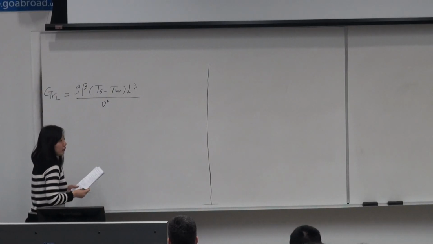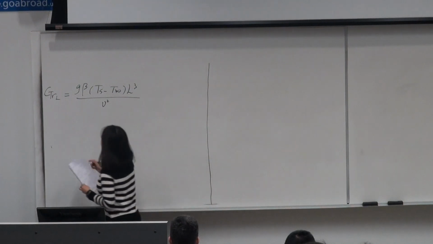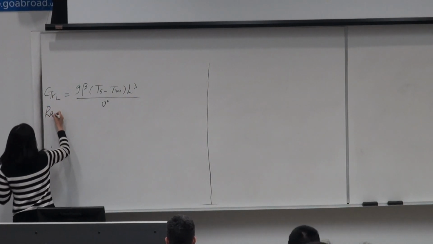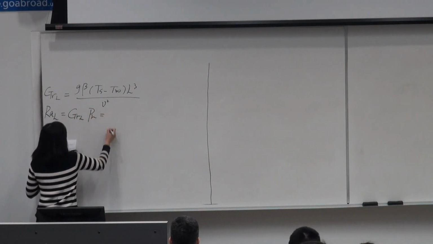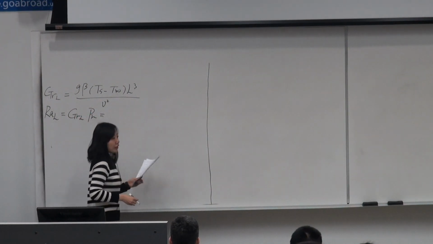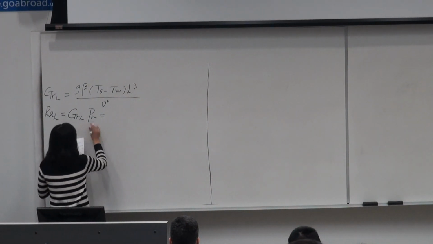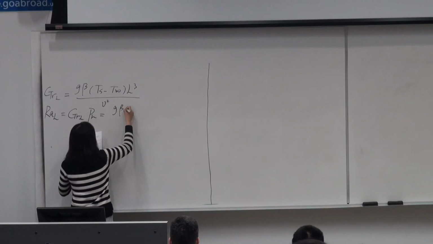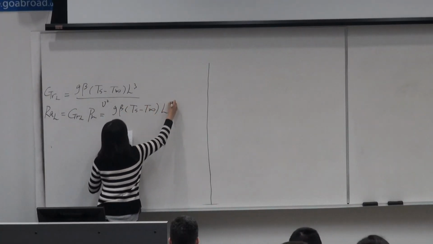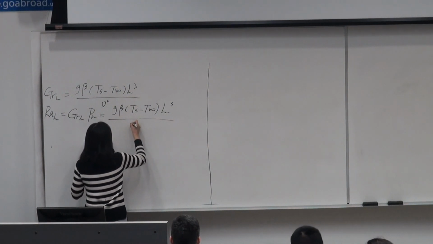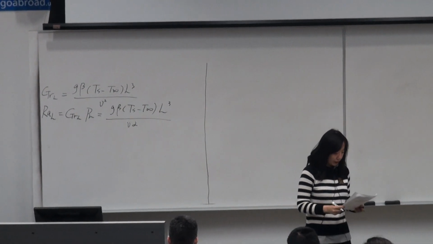We simply take the product of the Grashof number and the Prandtl number, which has a new name, the Rayleigh number. And the Prandtl number is a ratio of viscosity to thermal diffusivity. They have very similar expressions, but a little bit different here, as the product of kinematic viscosity and thermal diffusivity.